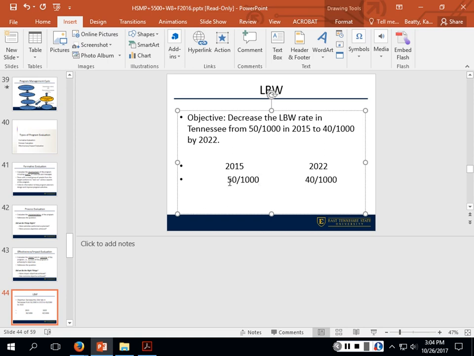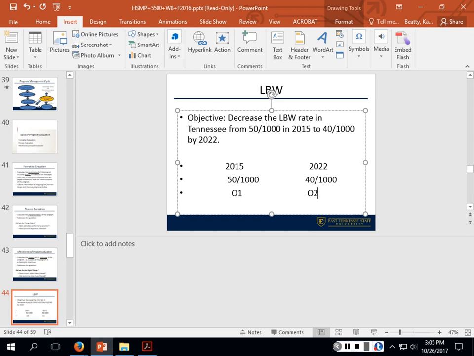Okay, so we have two observations in this case, right? We have our first observation at baseline, observation 1, and then we have our second observation at the end of the program.